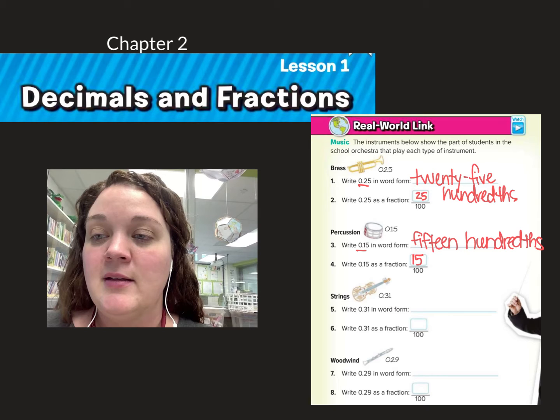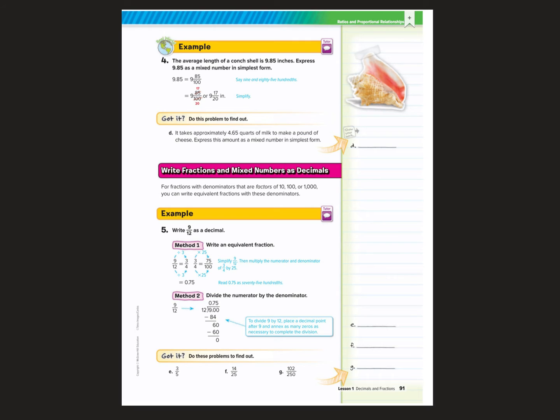All right, we're going to move on to the next page where we can do some converting. Here it says the average length of a conch shell is 9 and 85 hundredths inches. Express 9 and 85 hundredths as a mixed number.